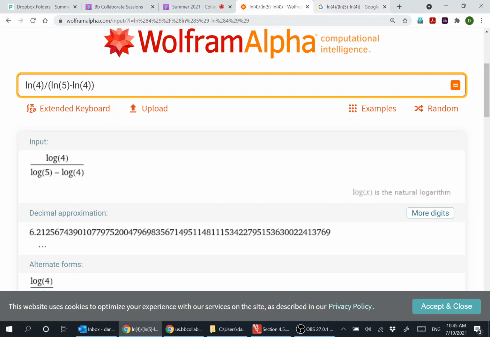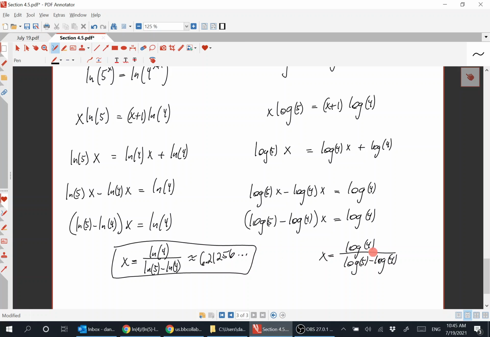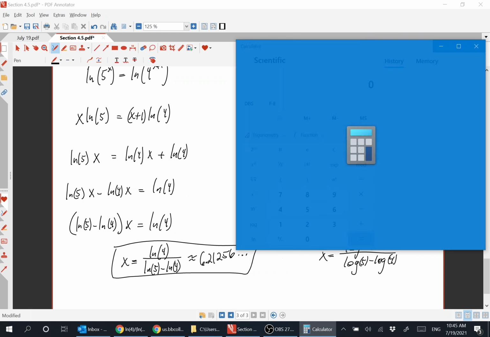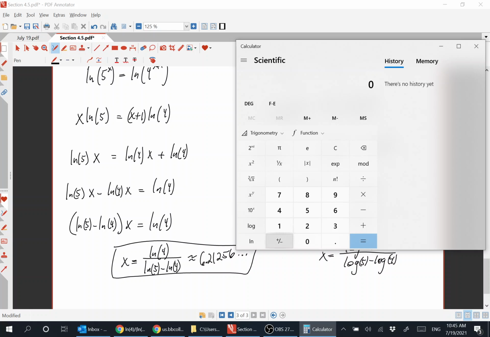All right, well, let's do it on our calculator. So 4 log divided by parentheses 5 log minus 4 log, close parentheses.